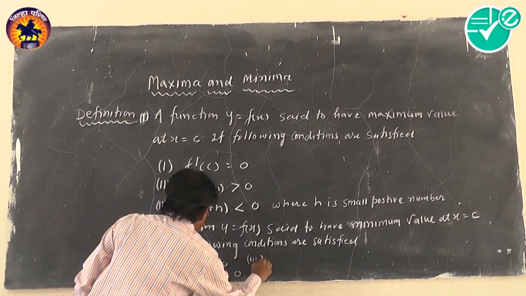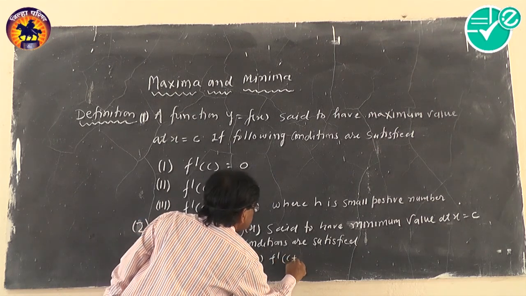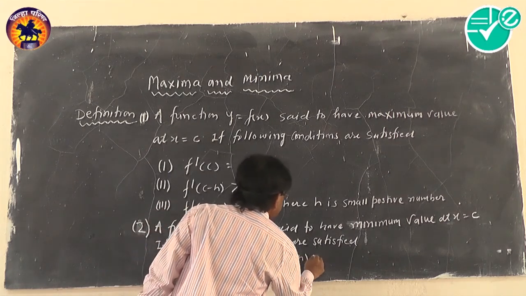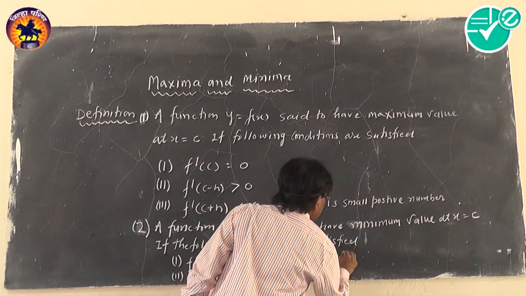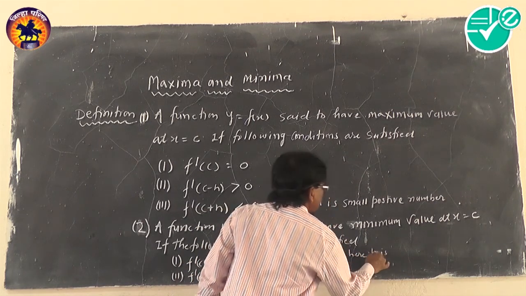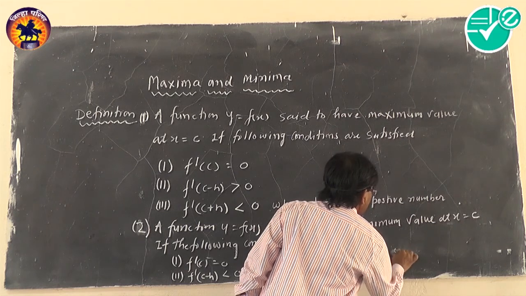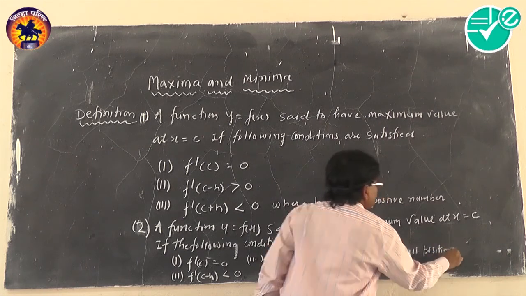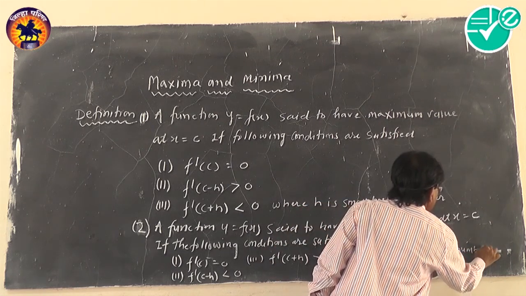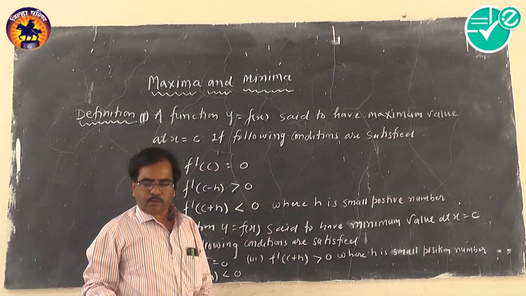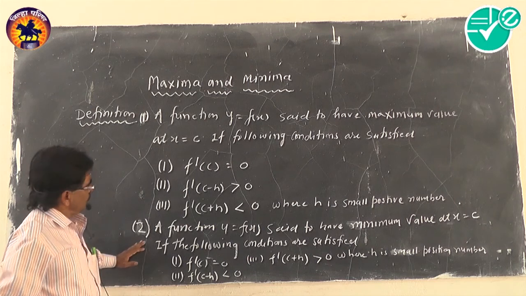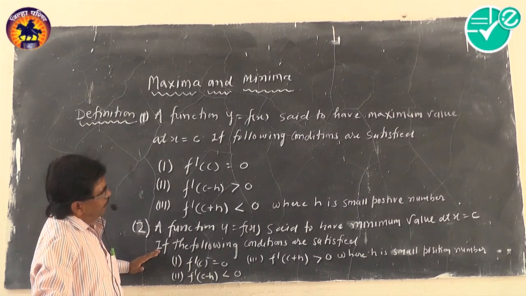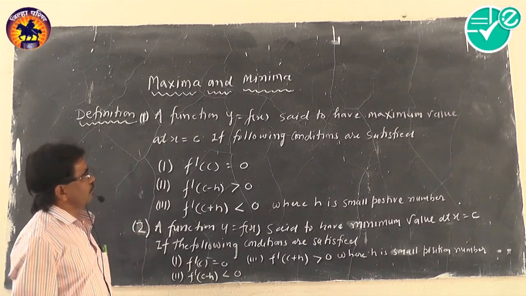And number 3, f dash of c plus h, derivative at the right side of c, is greater than 0, where h is a small positive number. For maximum value and for minimum value, keep this definition in mind. Using this definition, we can find the maximum and minimum value of the function.